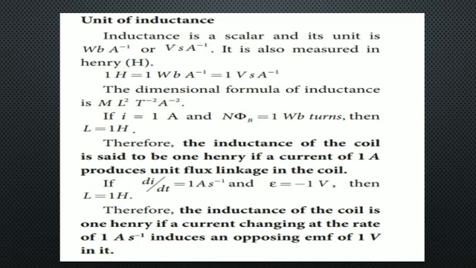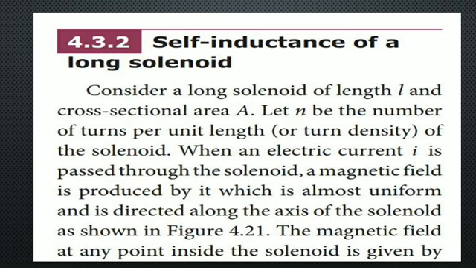Now come to the self-induction of a long solenoid. We know the self-induction L is equal to minus e divided by dI/dt. Consider a long solenoid of length l and cross-sectional area A, and let n be the number of turns per unit length of the solenoid.